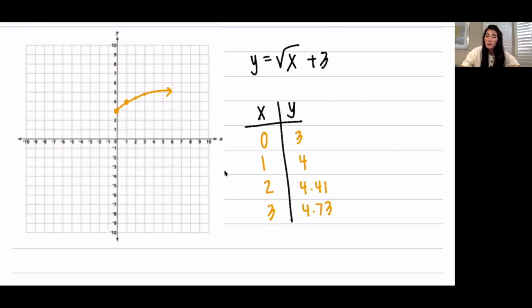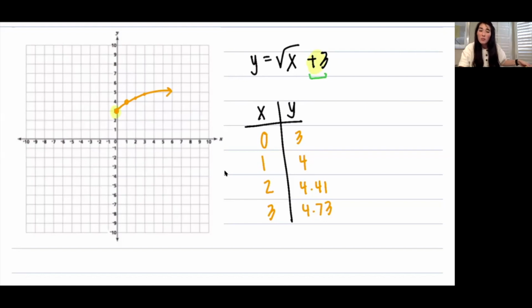Now, what I want to point out to you, though, is how this 3 that's on the outside changed our graph. Do you guys have any ideas? Hopefully, you said, oh, it shifted the graph, because you would be right. Notice where the starting point of this graph is. It's located 3 points up, which coincidentally is plus 3 here.